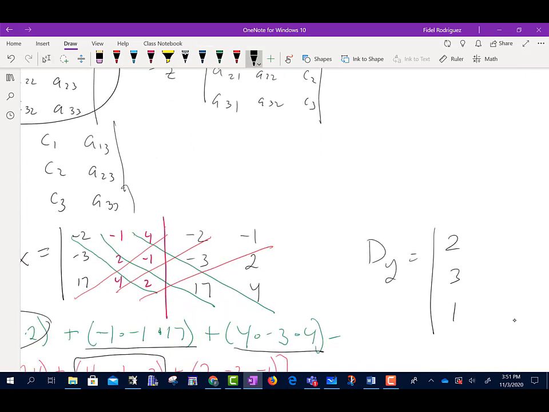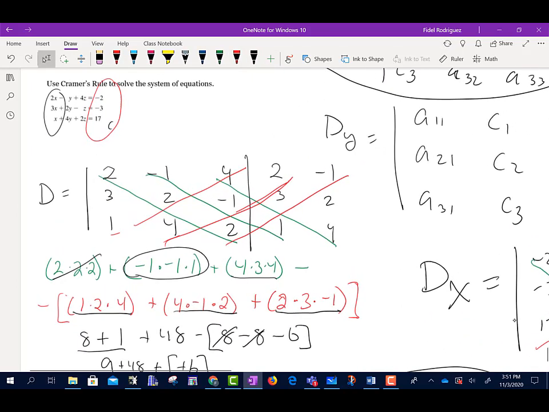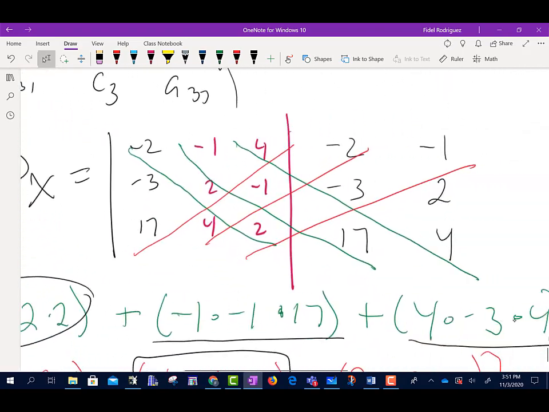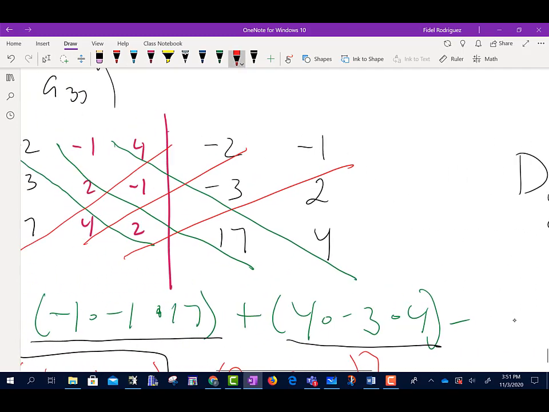And my y values are now going to be -2, -3, and 17.